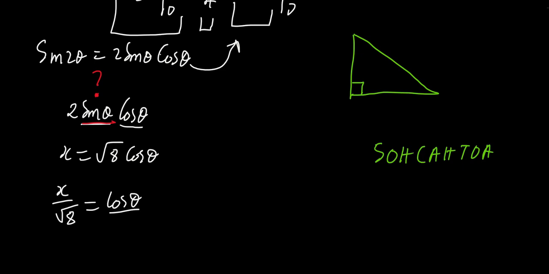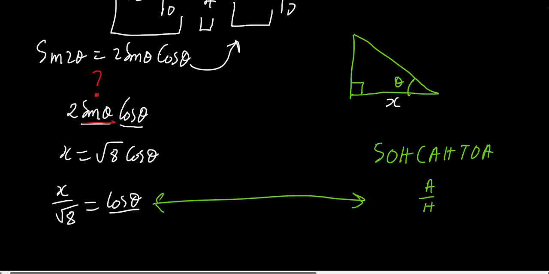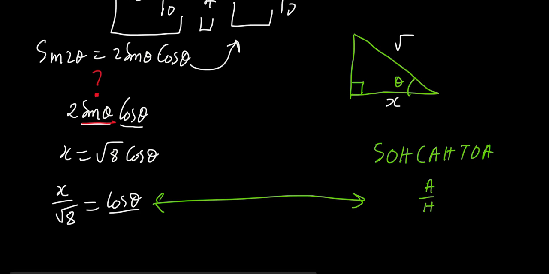So if we know that cos theta is adjacent all over hypotenuse, and we are going to consider our angle here to be theta, right? And we know our value for cos theta. We know that cos theta is x, and x is our adjacent, and adjacent is usually the angle down. So here we're going to have x, and then our hypotenuse is the square root of 8, right? The square root of 8, that's our hypotenuse.